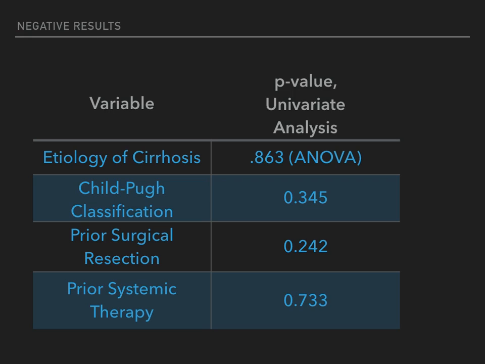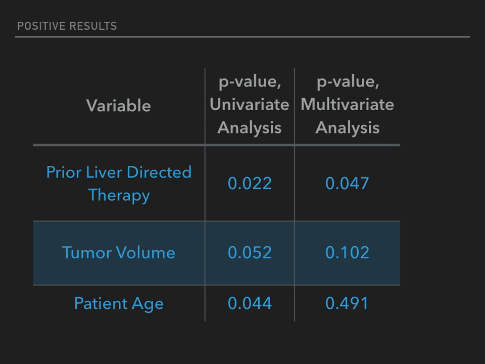Similarly, clinical factors that we anticipated would likely have correlation with T to N ratio, including Child-Pugh classification, prior surgical resection of tumor, and prior systemic chemotherapy, also demonstrated no significant differences in T to N ratio in our dataset.